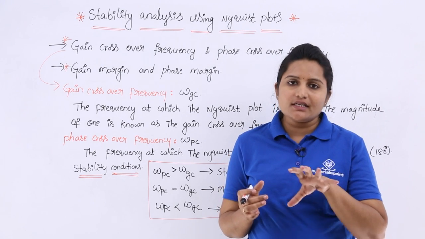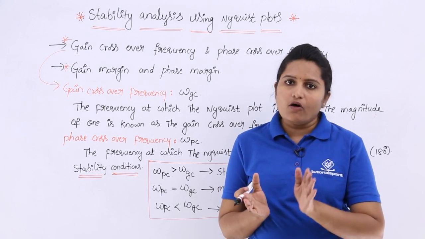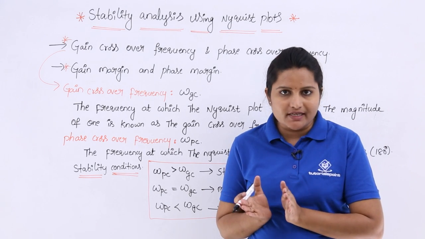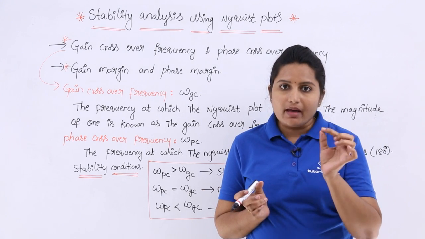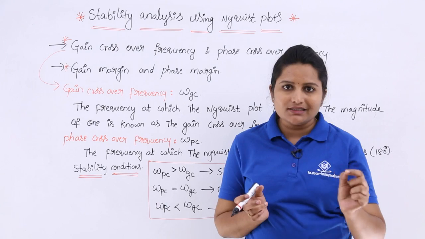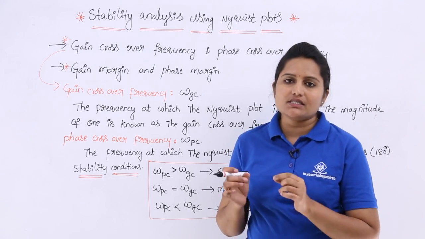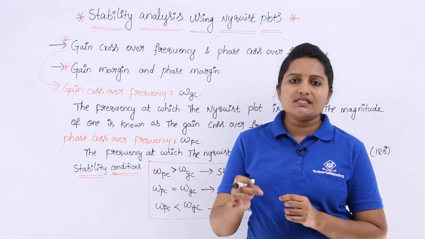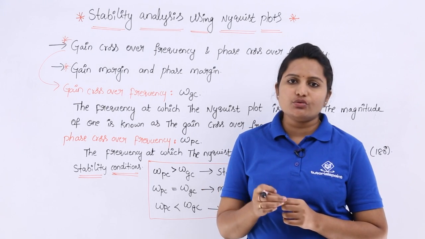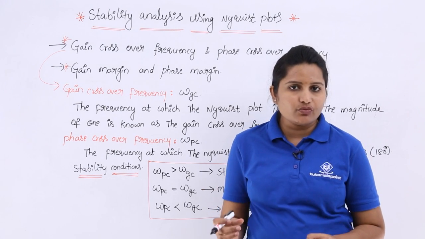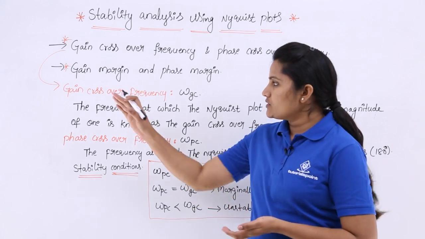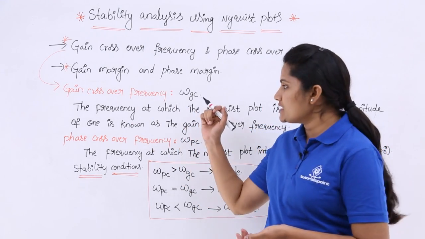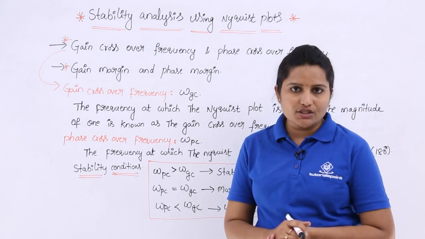This Nyquist plot is nothing but the plot of magnitude versus phase. Whenever that magnitude is equal to 1, that relevant frequency is the gain crossover frequency. That means the frequency at which the magnitude of the Nyquist plot is equal to 1 is called the gain crossover frequency. This is always represented with omega Gc.